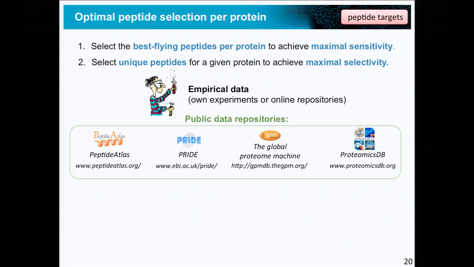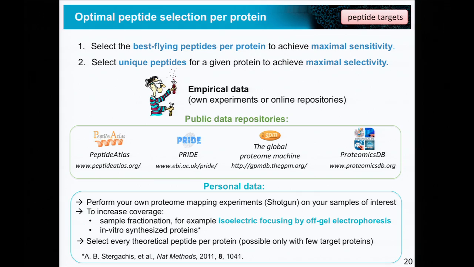Or you can say, okay, I don't trust in the data of others, I produce my own empirical data. And one thing what typically people do is they perform proteome mapping experiments, so they do shotgun analysis on their own samples of interest and see which peptides can I identify, and they use this then for SRM.